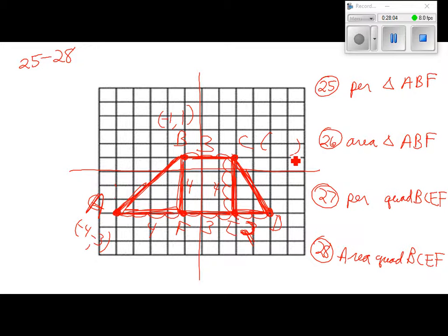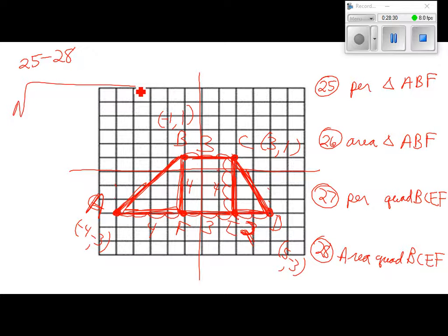We go out 1, 2, 3, and then up 1. Coordinates for D, we go out 1, 2, 3, 4, 5, and down 1, 2, 3, so -3, and we just got to use the distance formula on those.